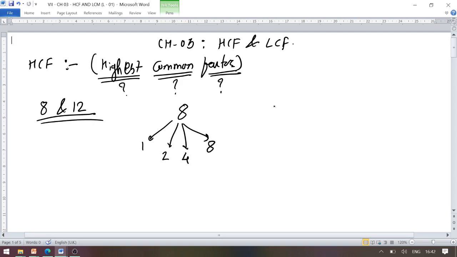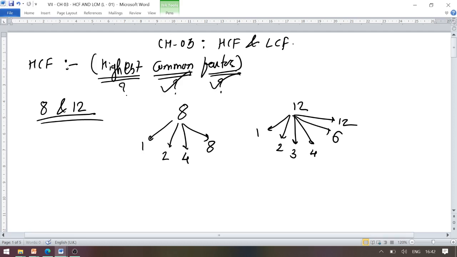Next, which are the factors of 12? They are 1, 2, 3, 4, 6 and 12 itself.